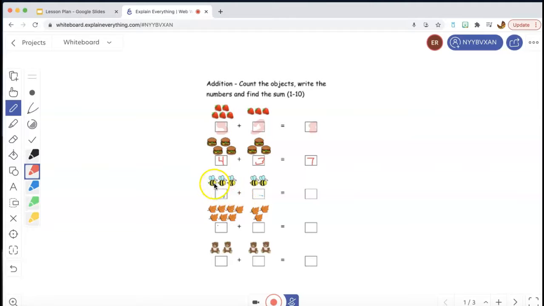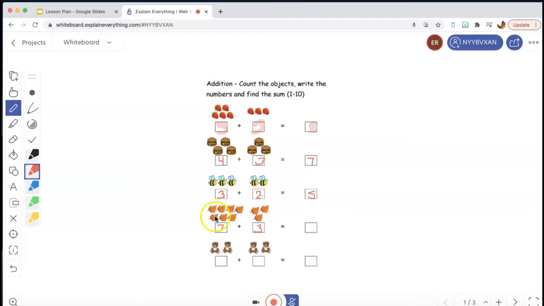The next one is 3 plus 2, which equals 1, 2, 3, 4, 5. The next one is 7 plus 3.